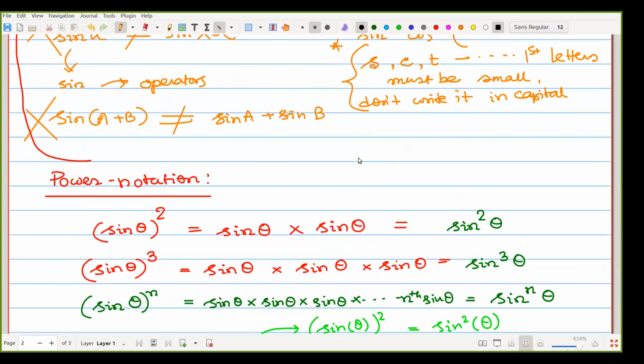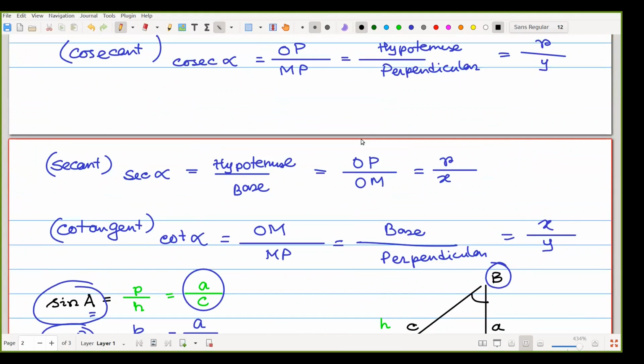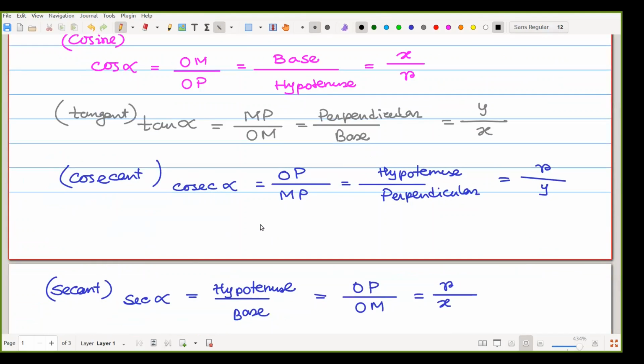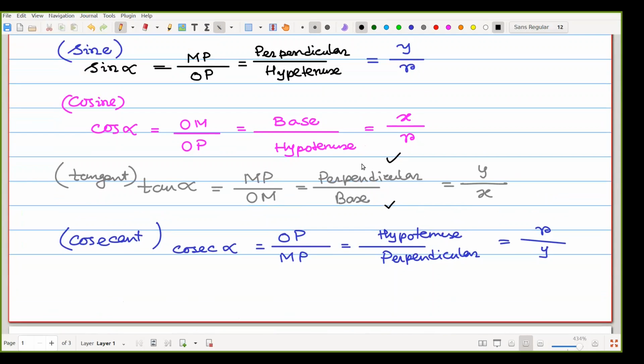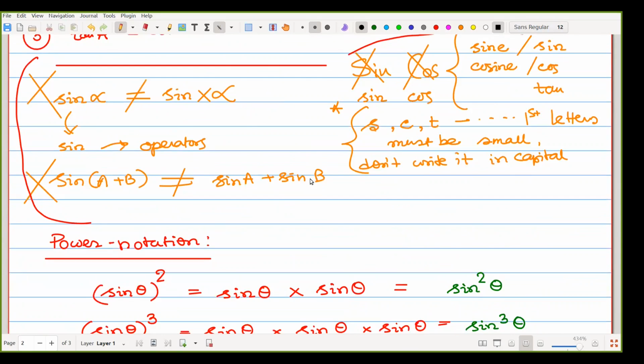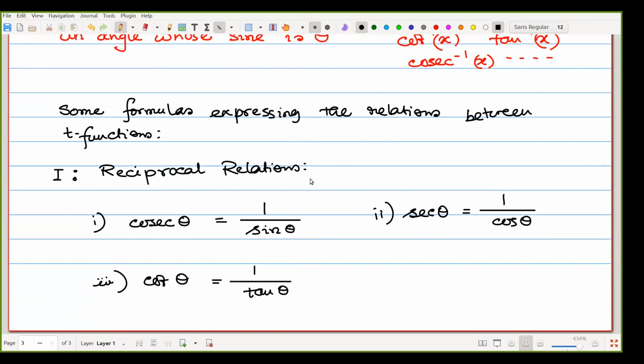Just check here. When we have the notation, base by perpendicular is cot, and tan means perpendicular by base. So that's why the reciprocal functions are here. Cosec means hypotenuse by perpendicular, but sine means perpendicular divided by hypotenuse. So that's why the reciprocal relations are here.